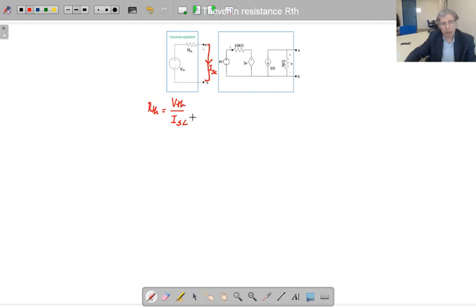If you somehow calculate this short circuit current in the circuit given to you, if we already found that VTH, then divide the VTH by the ISC that we just found, and that is equal to RTH. That is the rule.